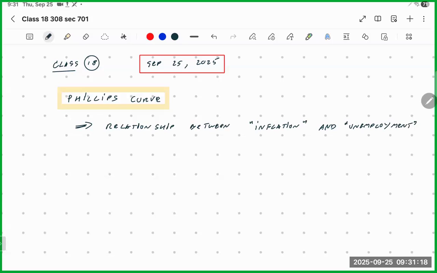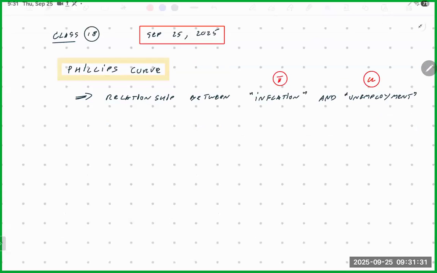In economic theory we use pi for inflation, and for unemployment we use U. Today we're going to talk about the relationship between inflation and unemployment.